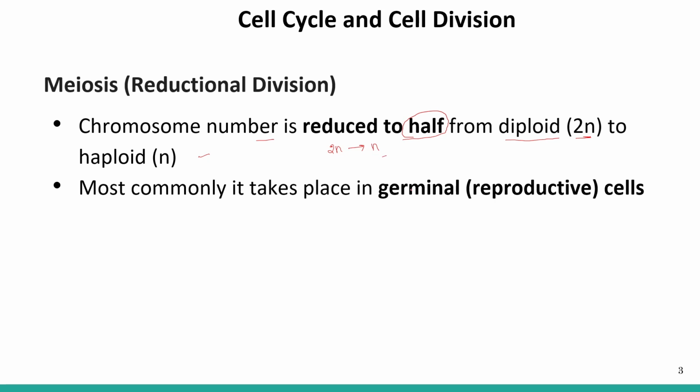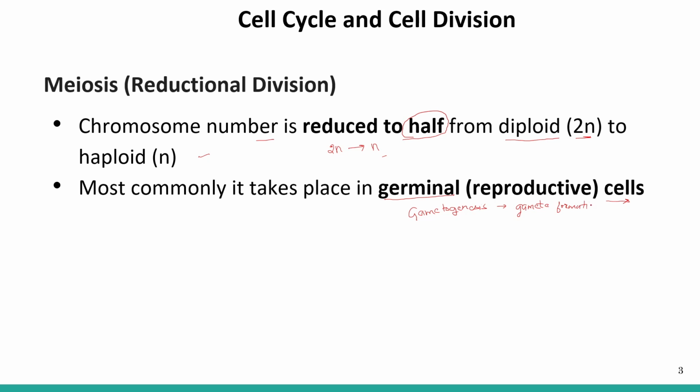Most commonly, meiosis takes place in the reproductive cells, or germinal cells. We can also say that meiosis takes place generally during gametogenesis. What does gametogenesis mean? It means gamete formation. So meiosis is very important in gamete formation.